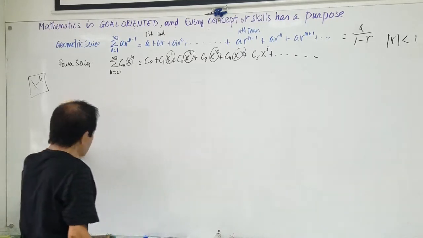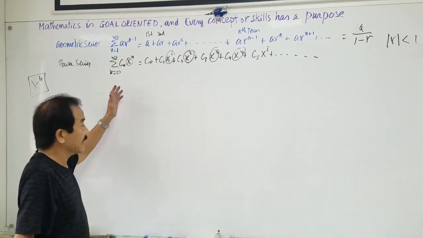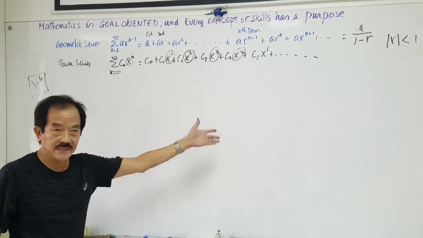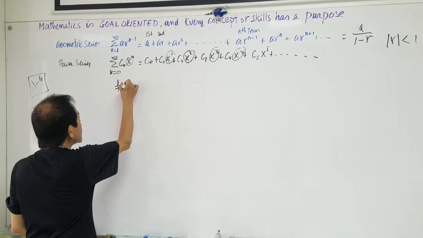Now we try to discover this. Well, we can write any function we learned so far as a series. So let's take any function, let's put any f of x.